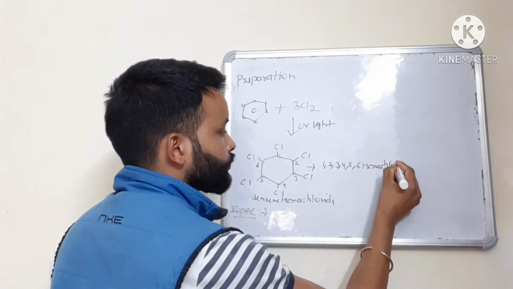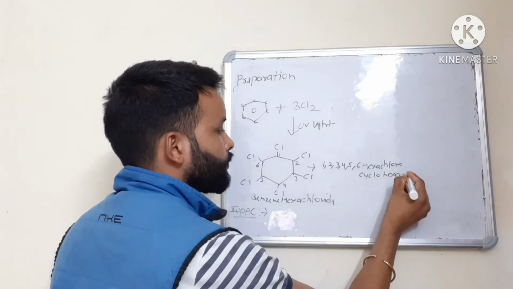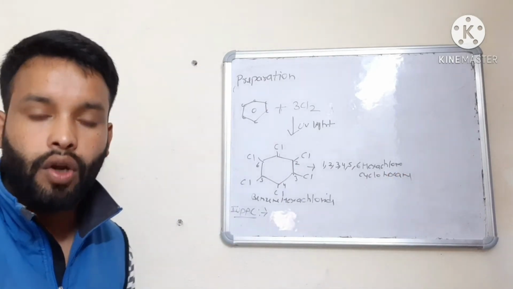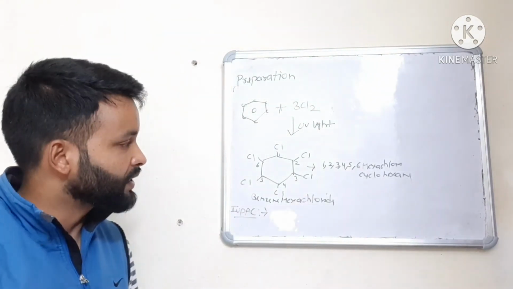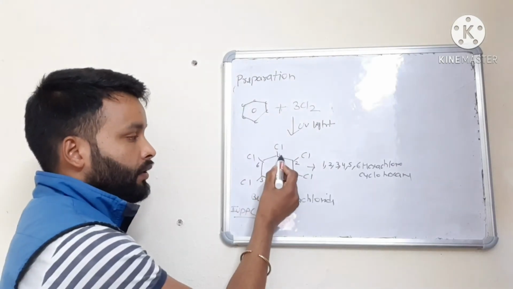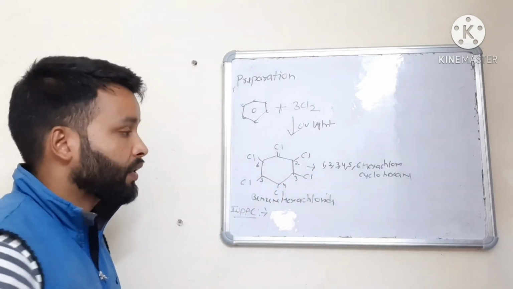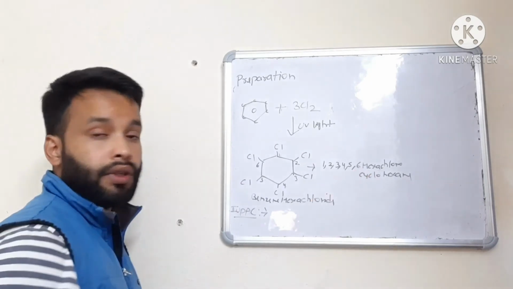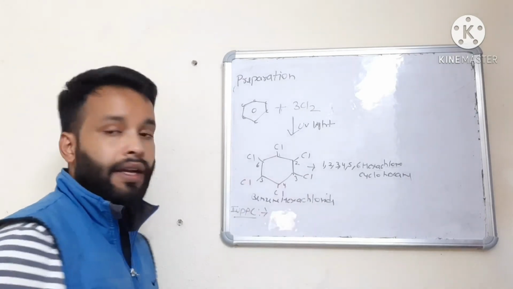The name is 1,2,3,4,5,6-hexachlorocyclohexane. In each position 1 chlorine is there, hexa for 6 total, the group being chlorine. And this ring is cyclohexane, as I told you.